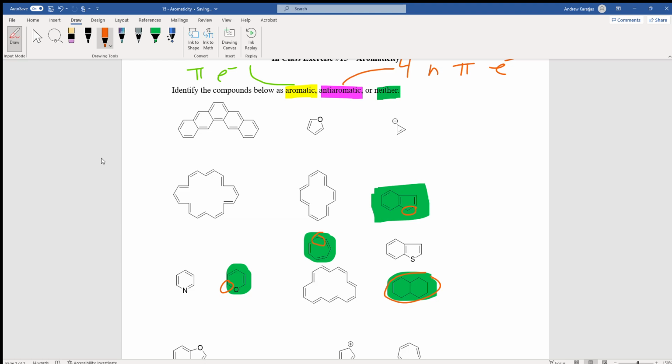So starting here with our first one, we're going to do that, and then we'll go back and identify as aromatic or anti-aromatic. So 1, 2, 3, 4, 7, 8, 9, 10, 11 pi bonds in that structure. So we have a total of 22 pi electrons.